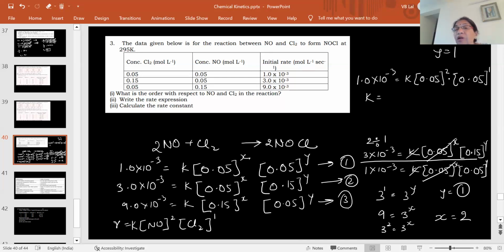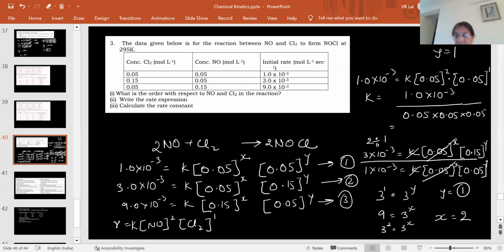K will be equal to 1.0 into 10 raised to minus 3 divided by 0.05 into 0.05 into 0.05. Right? So what will be the answer? Can you tell me? Can somebody tell me? Sai Kalyan, you are very quick with answers. Tell me.